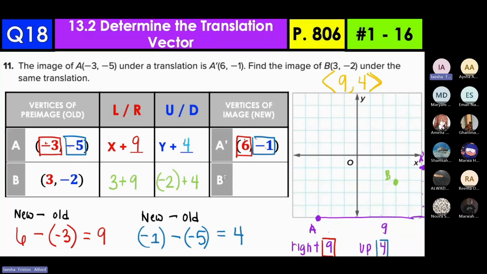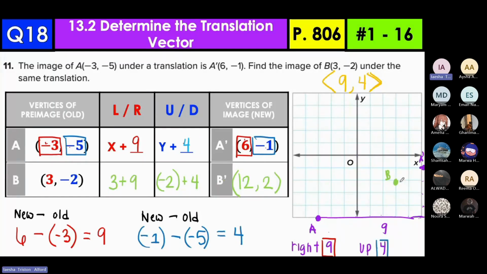So the new b prime should be at +12 and +2. Yes or no? Maybe.